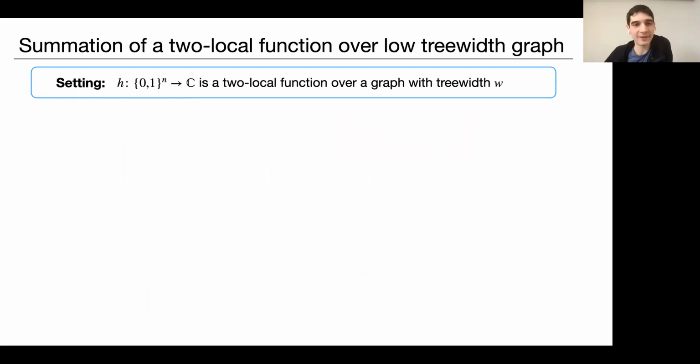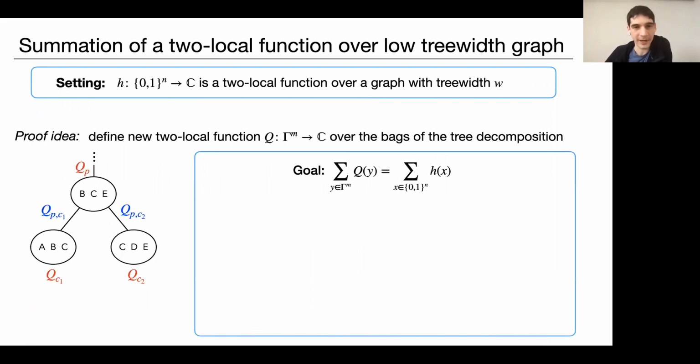Now let's generalize this to the setting where the two local function is over an arbitrary graph, but you're promised that it has small tree width, some small tree width W. In fact, the tree width could be large, but then the algorithm won't be very useful. And the proof idea is basically to reduce to the previous slide.